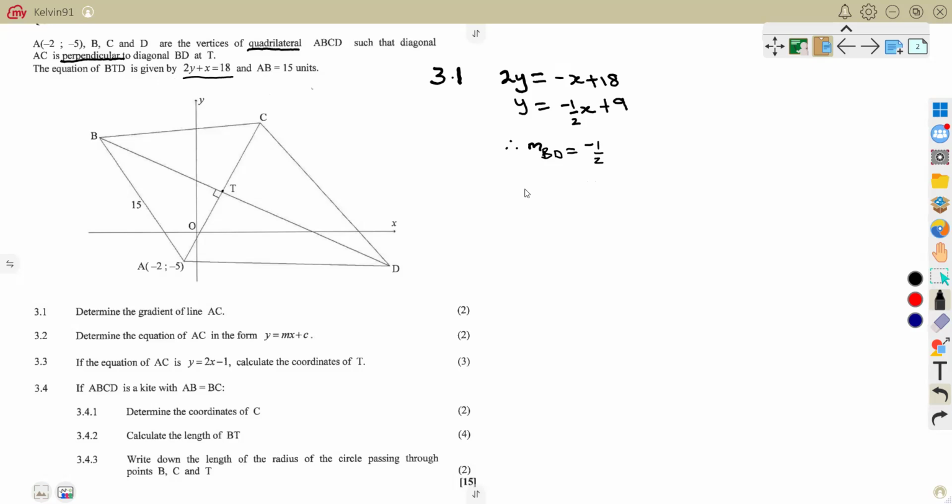Then, since we know the relationship between perpendicular lines, the gradient of AC is equal to 2, which is the negative reciprocal of this one. What is the reason for that? Because we know that BD is perpendicular to AC, and for perpendicular lines, their gradients must be negative reciprocals.